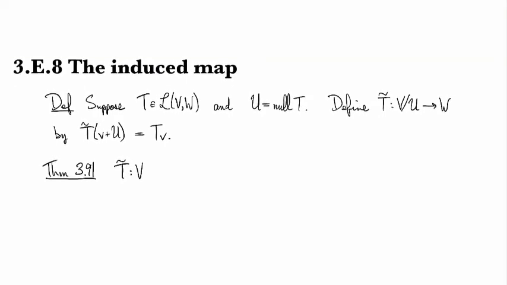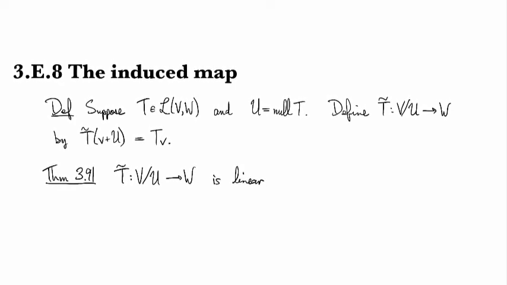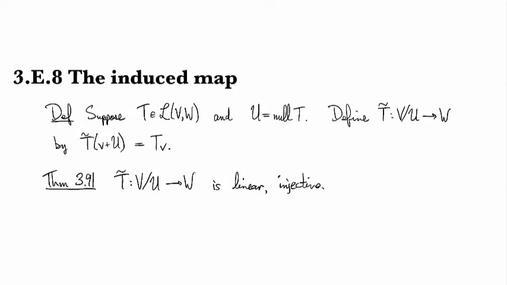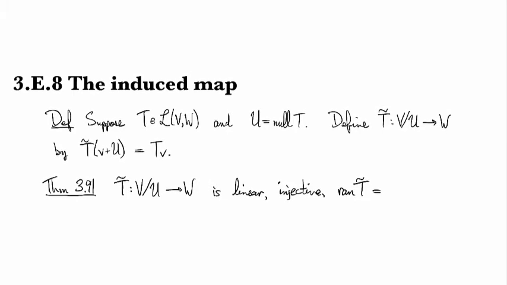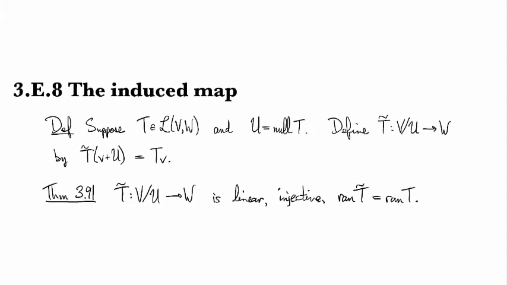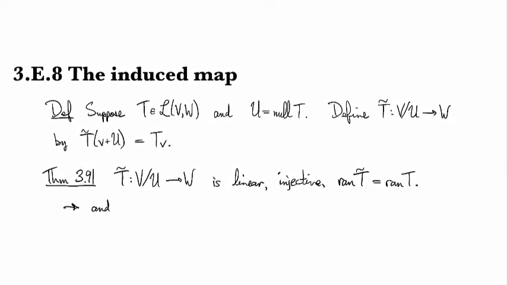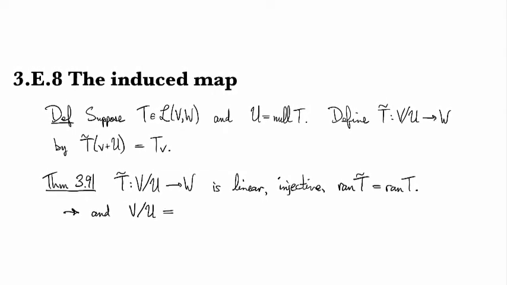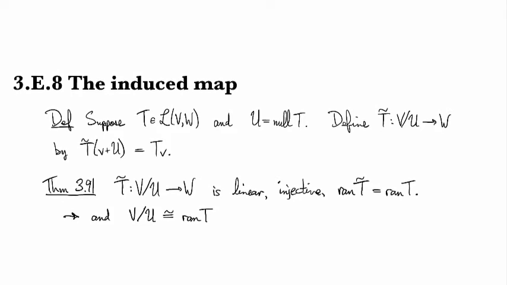This induced map is linear, injective, and it has the same range as the original T. And the big kicker is that V mod U is isomorphic to the range of T tilde, which is the same as the range of T, so I'll just leave it without the tilde.